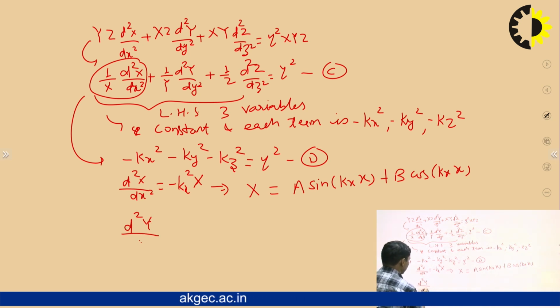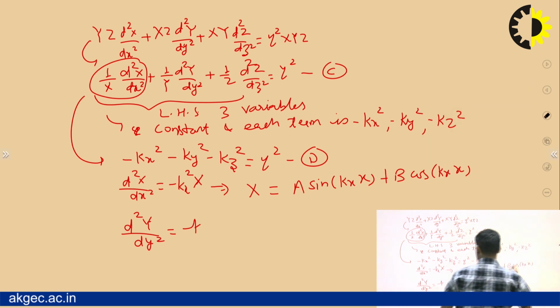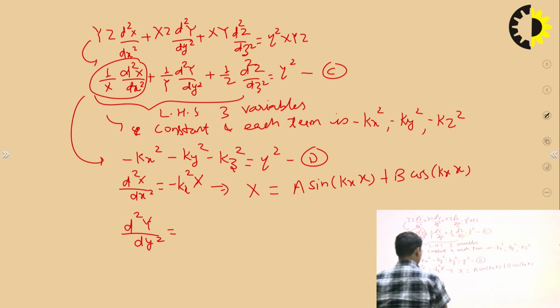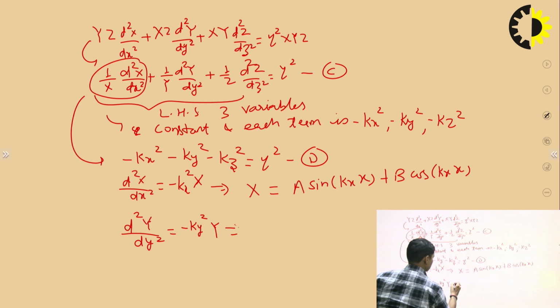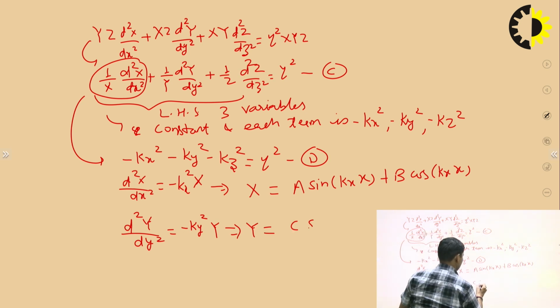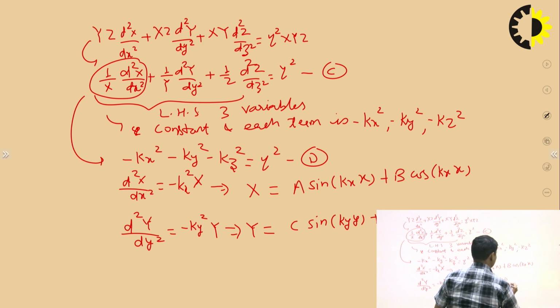Similarly for d square y over dy square, y is equal to c sin ky into y plus d cos ky into y.